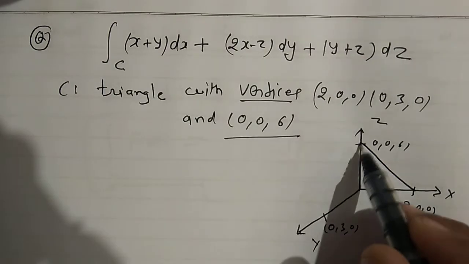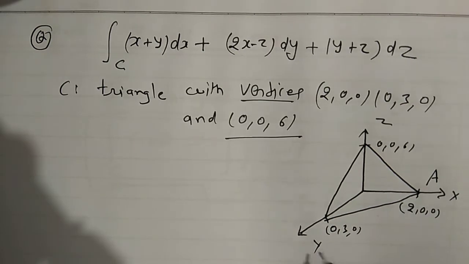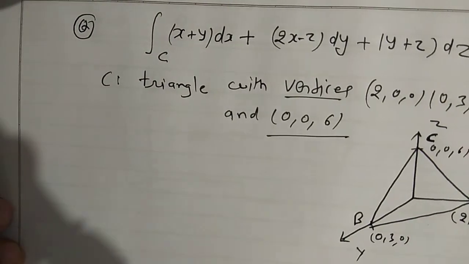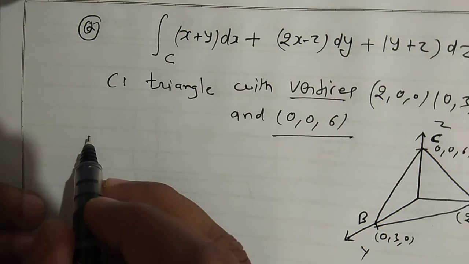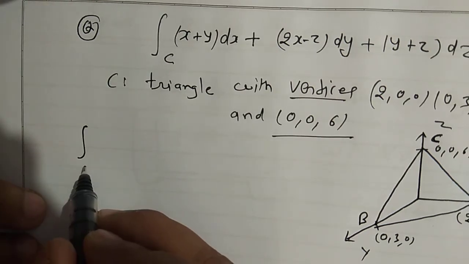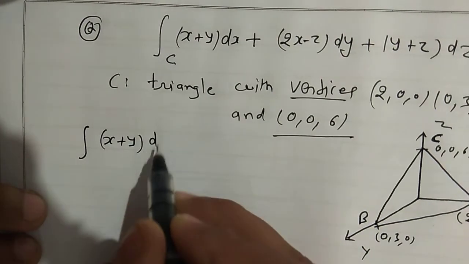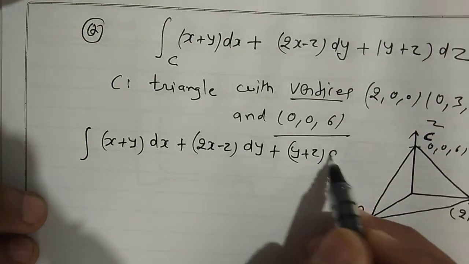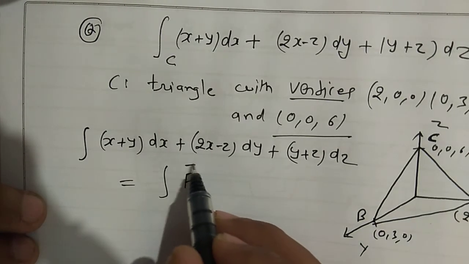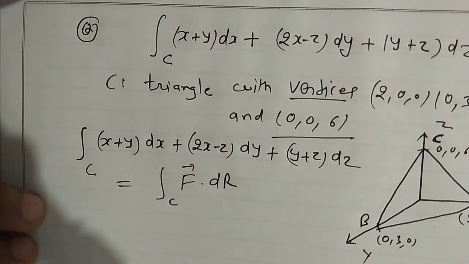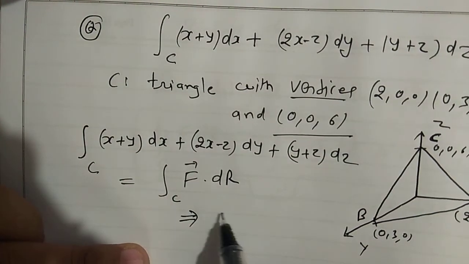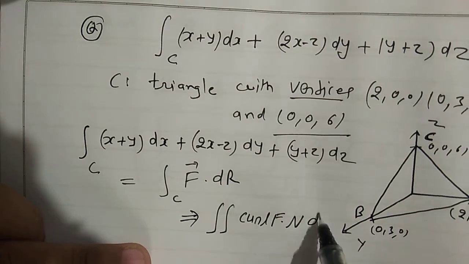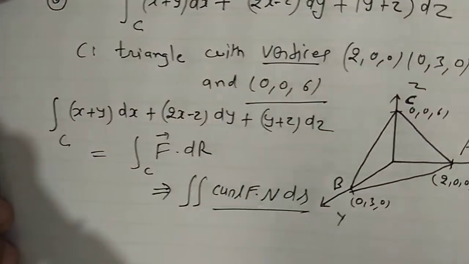So this is the triangle, with points A, B, C. If we want to apply Stokes theorem, we need the integral of (x plus y) dx plus (2x minus z) dy plus (y plus z) dz, which equals the integral of F dot dr along the curve C, and this equals the surface integral of curl of F dot n ds.